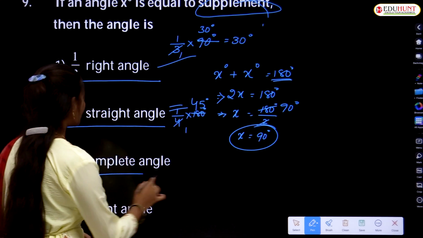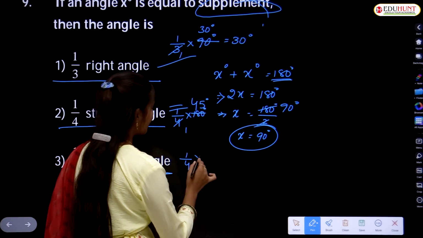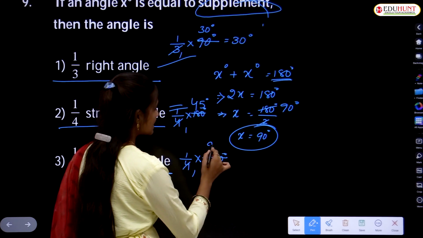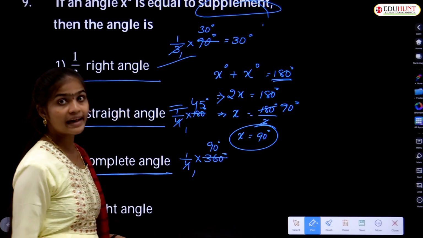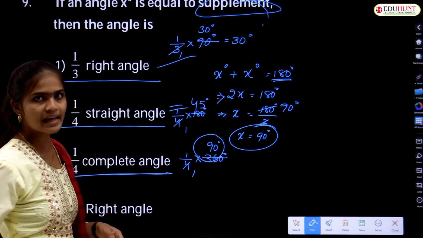And 1/4 of a complete angle, which means 1/4 of 360 degrees. Four nines are 36, which means 90 degrees. So 1/4 of a complete angle is 90 degrees.